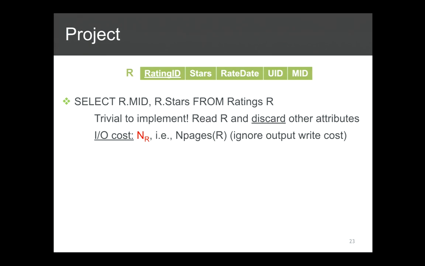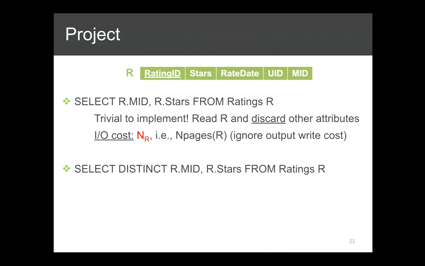It'll be, I don't know, the size of MID and stars. That's it. The rest of the 3 columns need not be read at all. Because column stores, you pack in a column major order. You only read the pages corresponding to the first 2 columns, these 2 columns that you're projecting on. Okay, so projection in column stores can be much faster than row stores. But for now, all of our operator implementations assume that we are dealing with a row store. The records are packed onto pages in row major order.